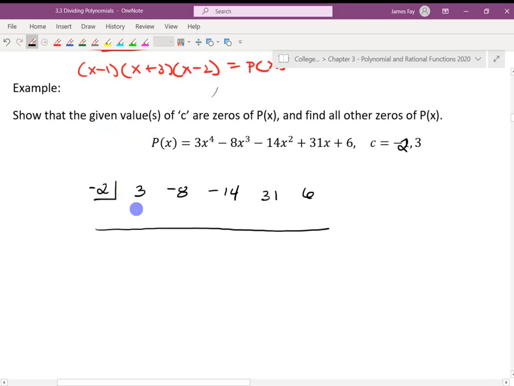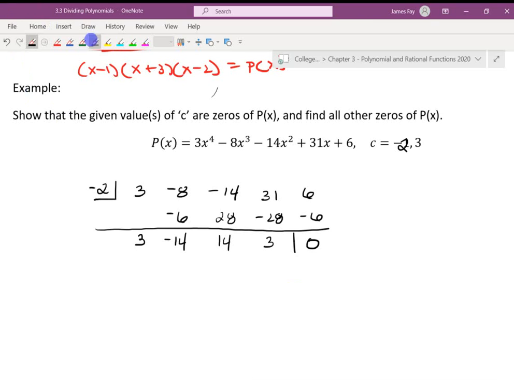We'll bring down the 3. And then we start multiplying, right? So -2 times 3 gives us -6. Add that gives me -14. Multiply gives me 28. So positive 14 now. Then -28 is a positive 3, and then a -6, right?